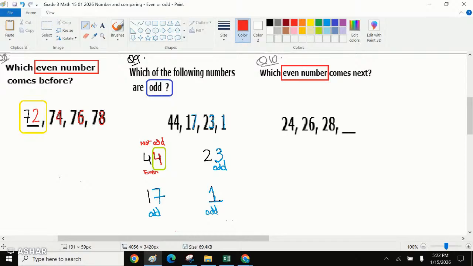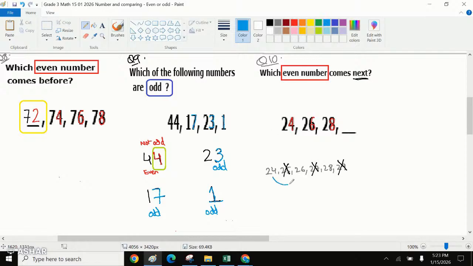If we write the numbers from 24 to 28: 24, 25, 26, 27, 28, 29, right? But what we can see is they are considering the numbers which are ending with 4, 6, and 8 only. That means we don't consider 25, 27, or 29.